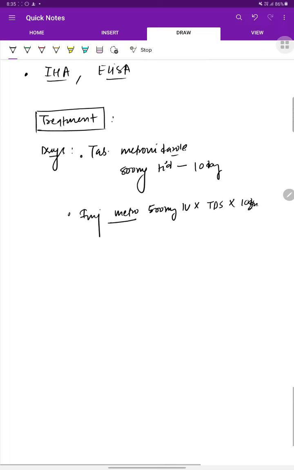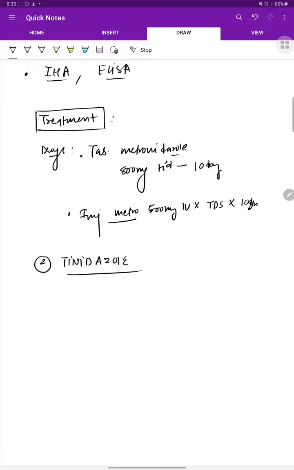Number two, tinidazole 600 mg BD for 5 days. So these all are the drugs.